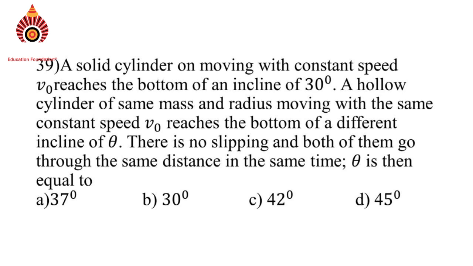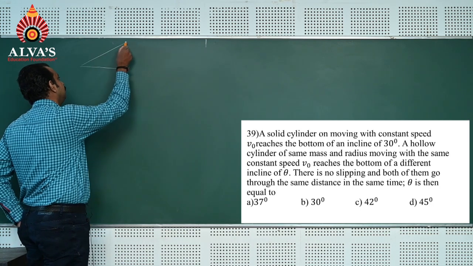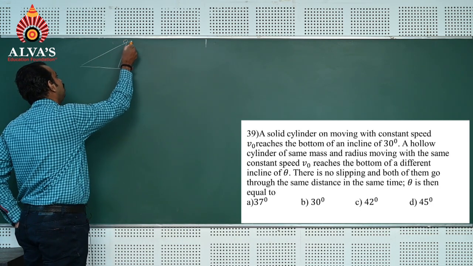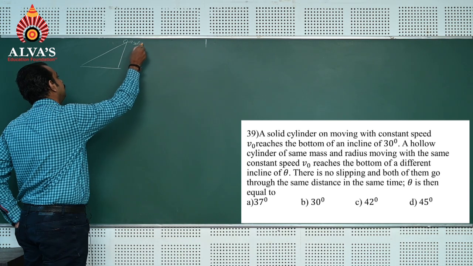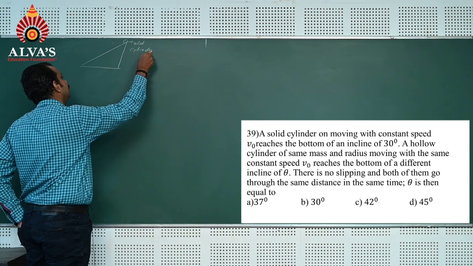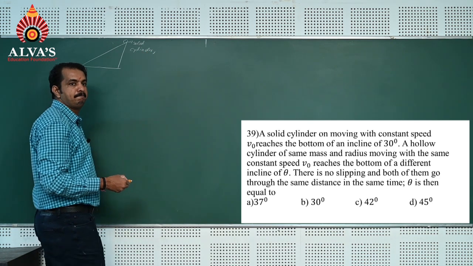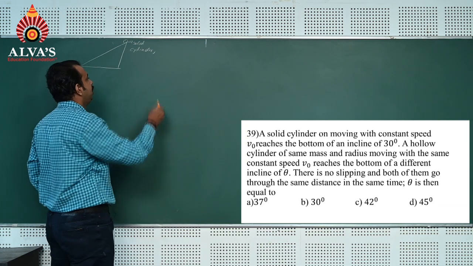So here there are two objects. One is a solid cylinder, and another one is a hollow cylinder.